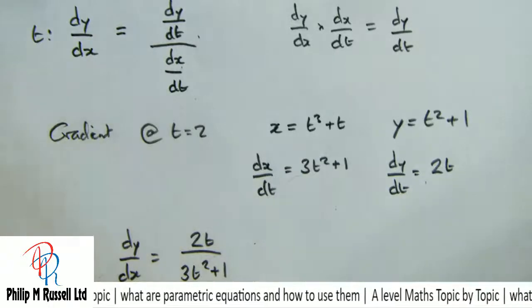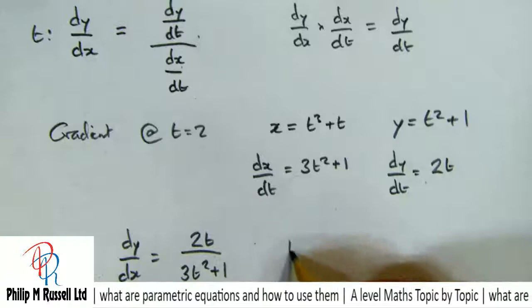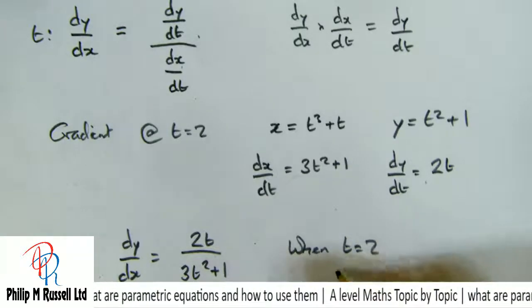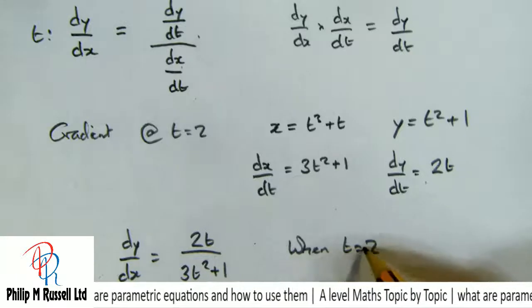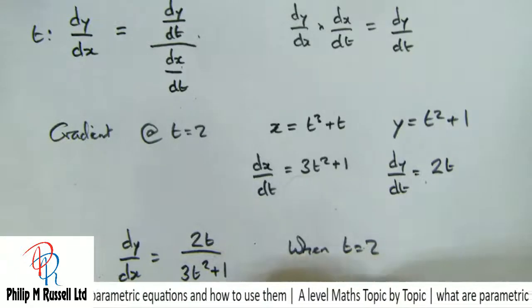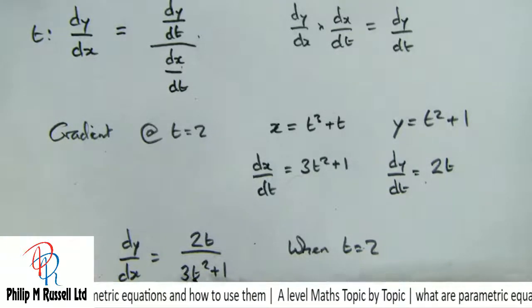So there is my gradient, and we're told that when t equals 2, we can substitute in there for t. Let's do that. So that's going to give me 4 on top.